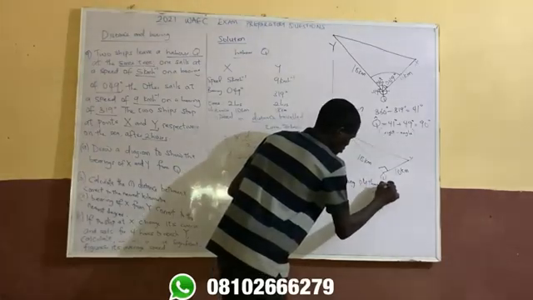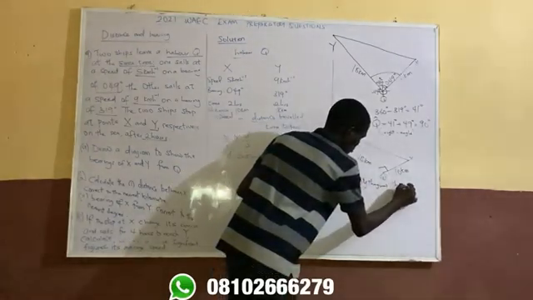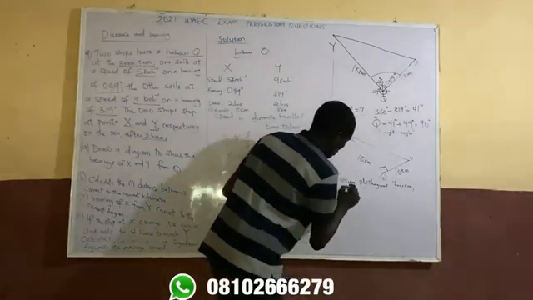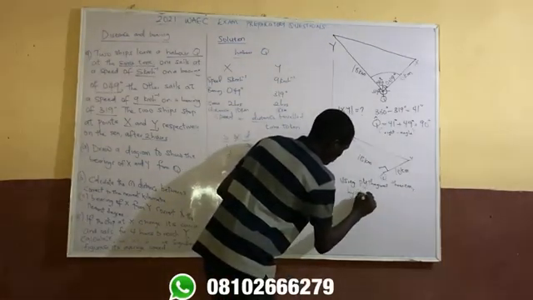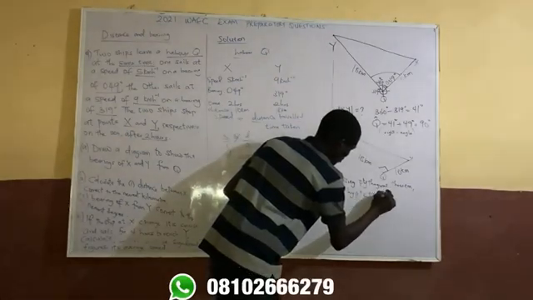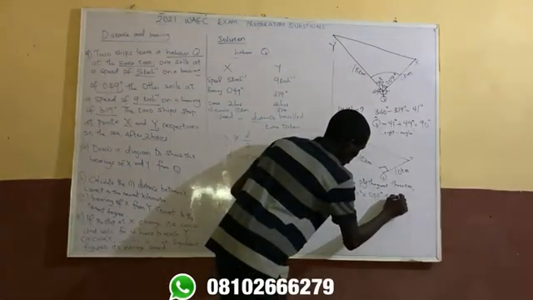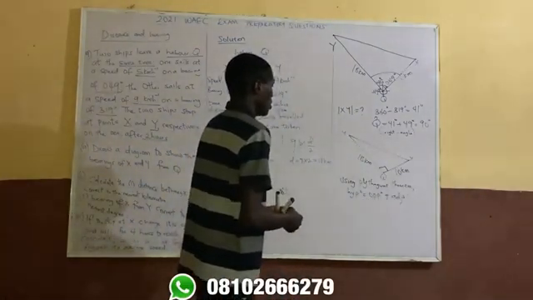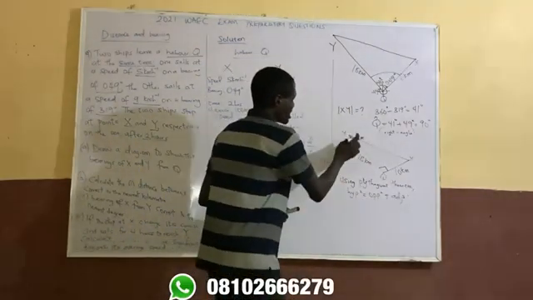Using Pythagoras theorem, also called a rule, whichever the case, hypotenuse squared equals opposite squared plus adjacent squared. Now, how do you identify the hypotenuse?